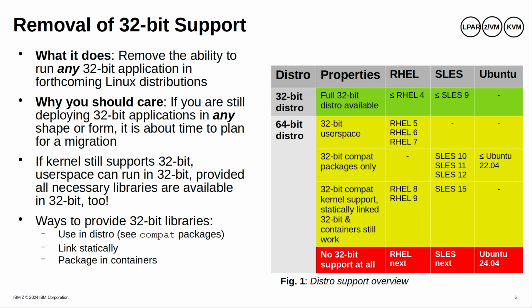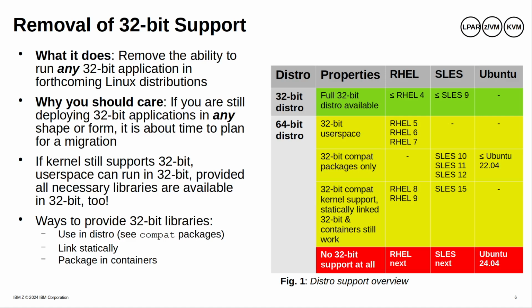This will not work. Likewise with containers, there is a bit of a misperception out there, where some people believe that containers package everything needed to run the respective application. Well, everything except for the Linux kernel. And again, if you take away the respective 32-bit backend inside the Linux kernel, even containers won't help anymore.